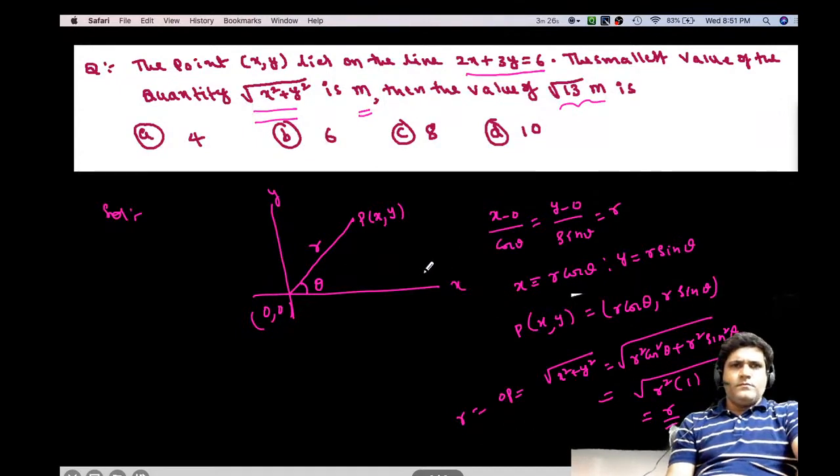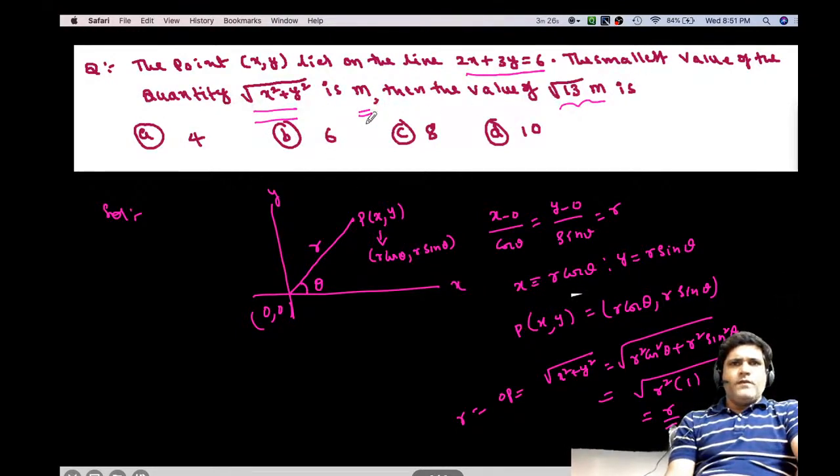So the x coordinate and y coordinate are x = r cos theta, y = r sin theta.